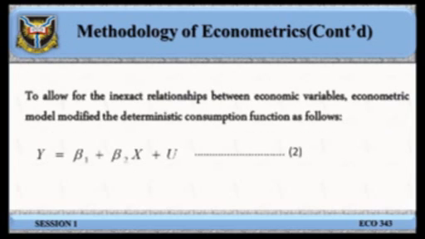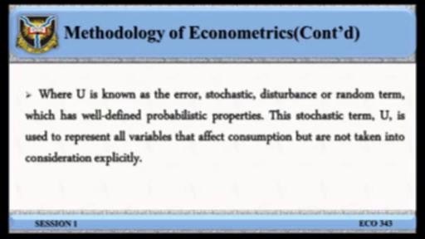To allow for the inexact relationship between economic variables, the econometric model modified the deterministic consumption function as follows: Y = β1 + β2X + u, equation 2, where u is known as the error, stochastic disturbance or random term, which has well-defined probabilistic properties. This stochastic term, u, is used to represent all variables that affect consumption but are not taken into consideration explicitly.